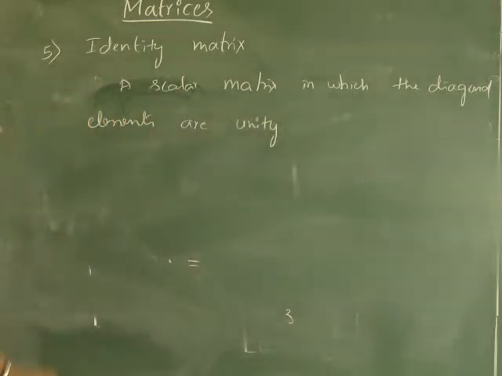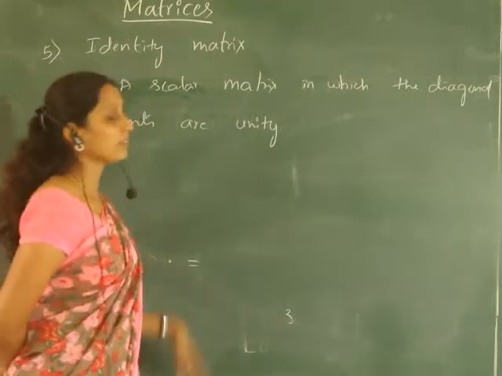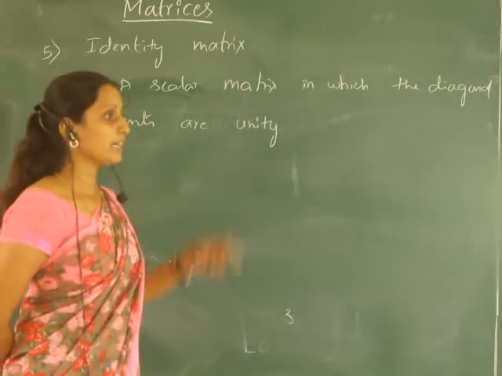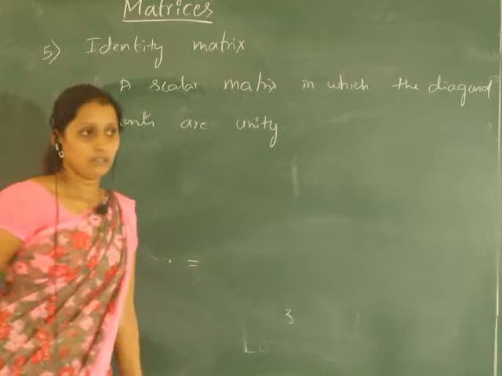So this is in terms of scalar matrix. Or if we define it in terms of a diagonal matrix, if the diagonal elements are equal and unity, then it is called an identity matrix.